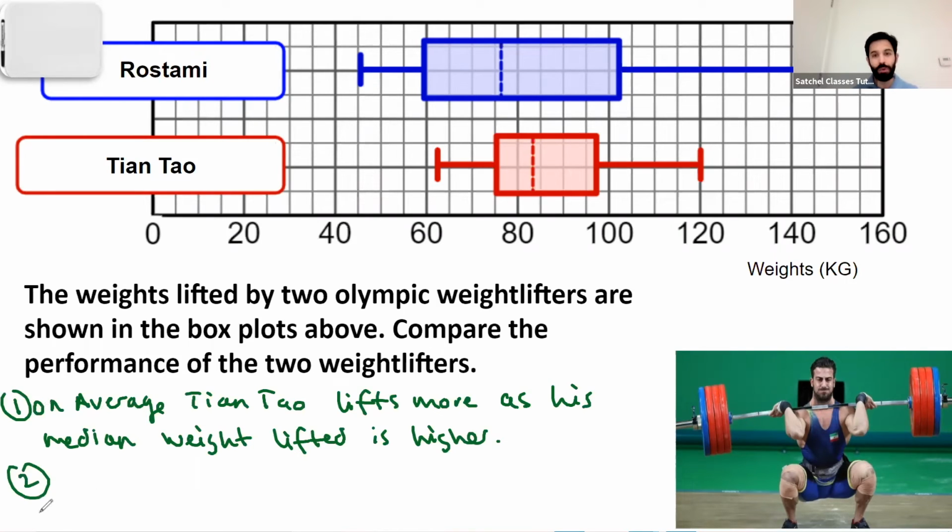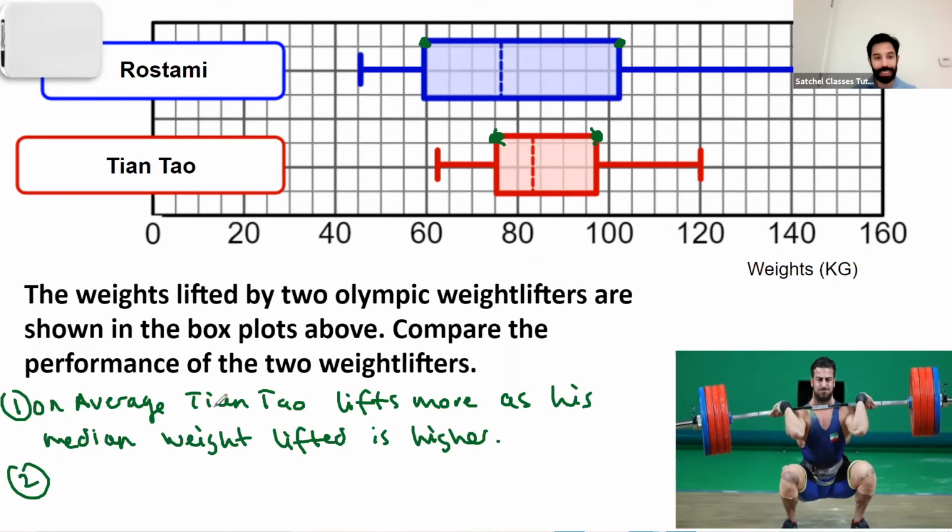For the second mark, we can look at the interquartile range to see who's more consistent. Without doing any calculations, it's quite obvious that the interquartile range for Tien Tao is far smaller. The difference between the upper quartile and the lower quartile of Tien Tao is far smaller than the difference between the upper quartile and the lower quartile of Rostami.